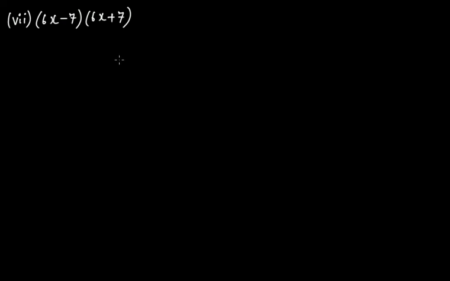Now you have 6x minus 7, and then you have 6x plus 7. Exactly the same as what we have done earlier. That is standard identity 3. How? This can be written as 6x plus 7, and then 6x minus 7.